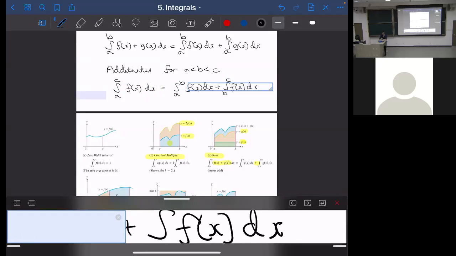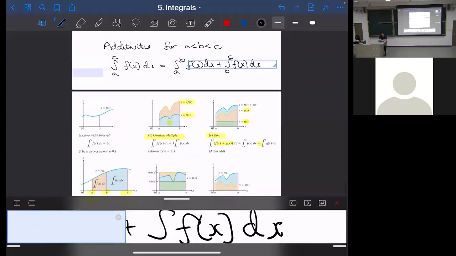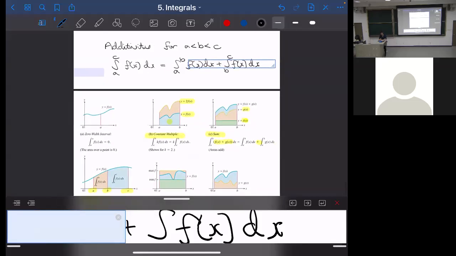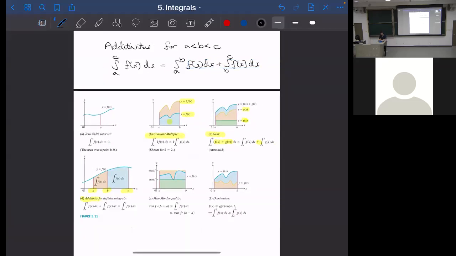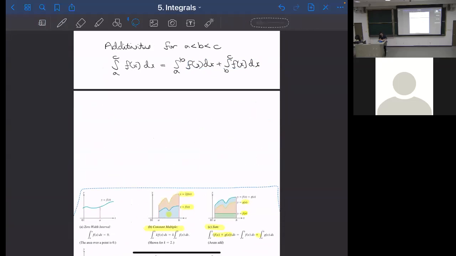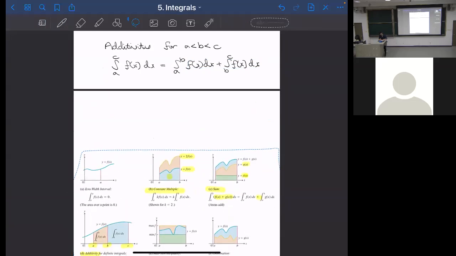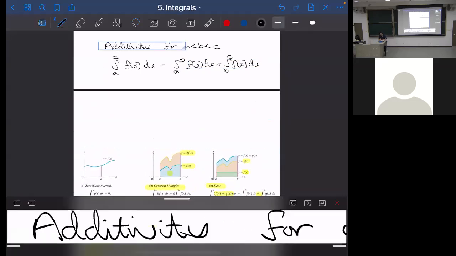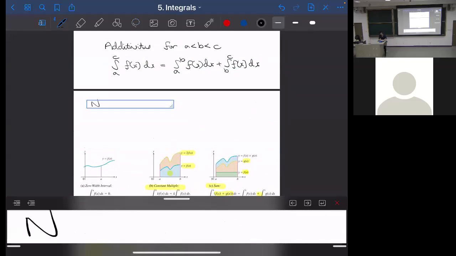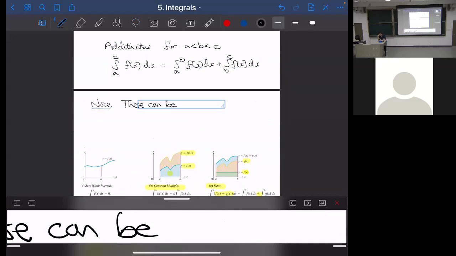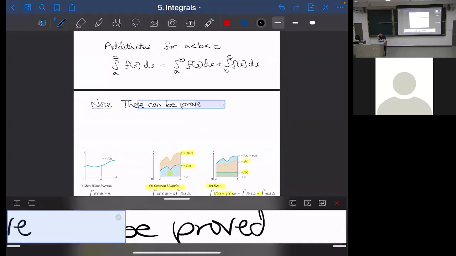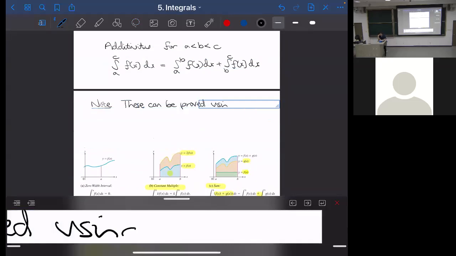Okay. So note these can be proved using the definition of Riemann sums.